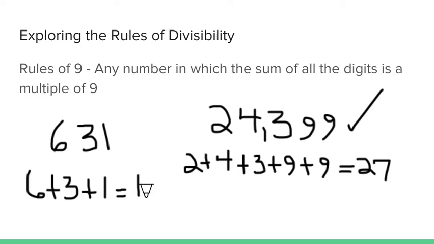Okay, and 10, I can tell you right now, 9 obviously cannot go into 10 evenly, so it does not work. I just wanted to show you an example where it didn't work. So once again, if you take all of the digits and add them together, if you get a multiple of 9, the number is divisible by 9.